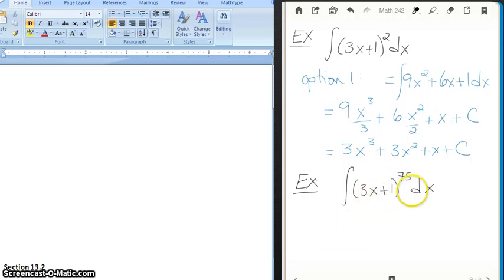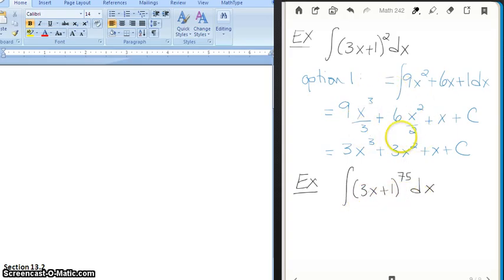Aha! Now you're not feeling so confident. Because now you're thinking to yourself, if I wanted to get rid of these parentheses, I'd have to multiply 3x plus 1 by itself 75 times. And I'm pretty sure there's nobody listening out there that wants to do this. I don't even want to do this, and I really love math.